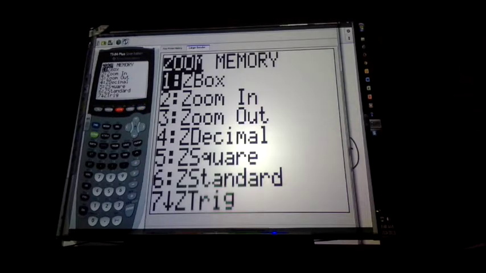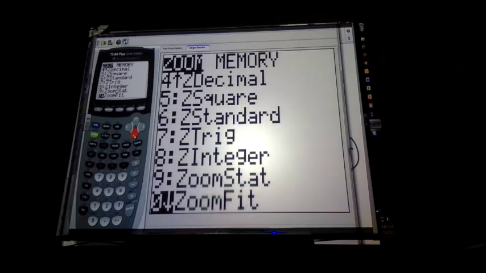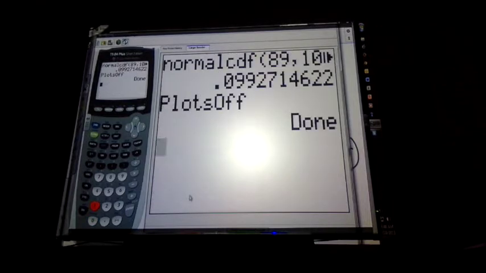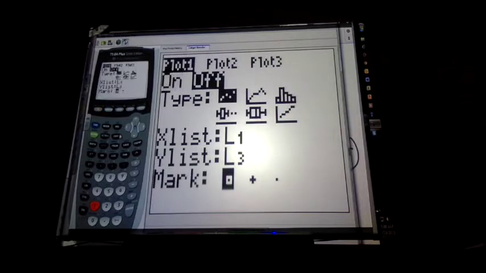Where's that? Zoom fit 9. I want that under.